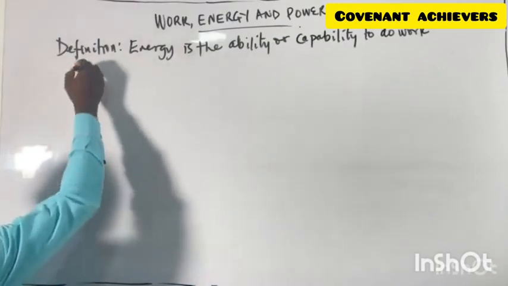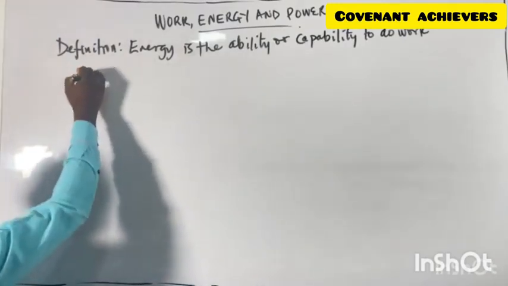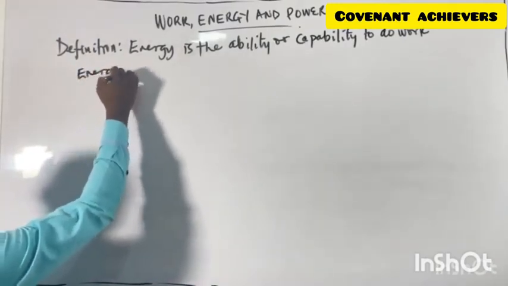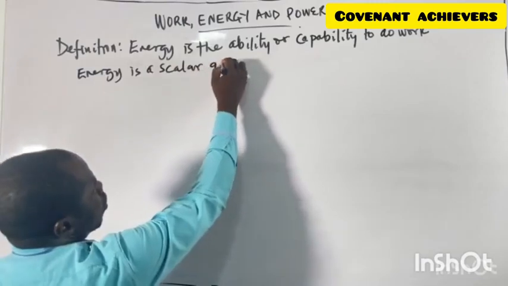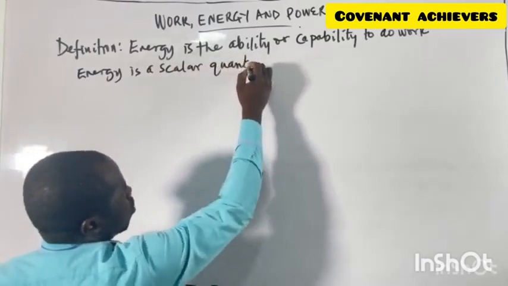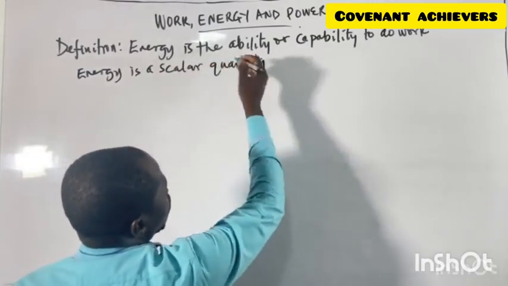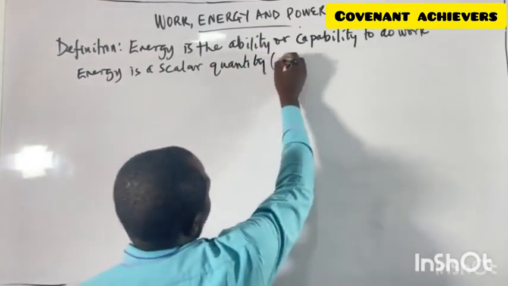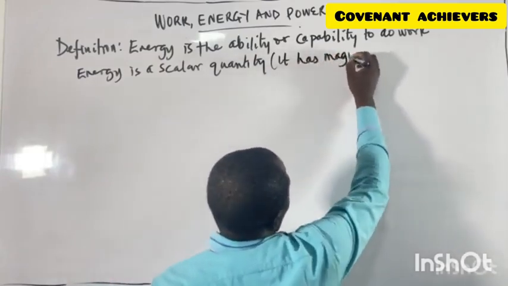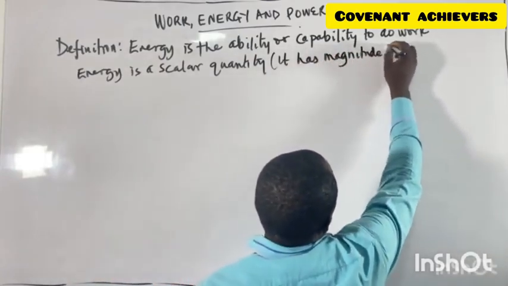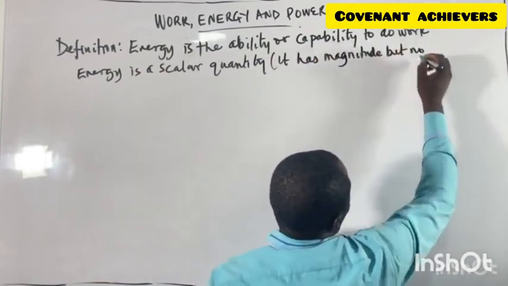Also, energy is a scalar quantity. We have talked about what a scalar quantity is. That means it has magnitude but no direction.